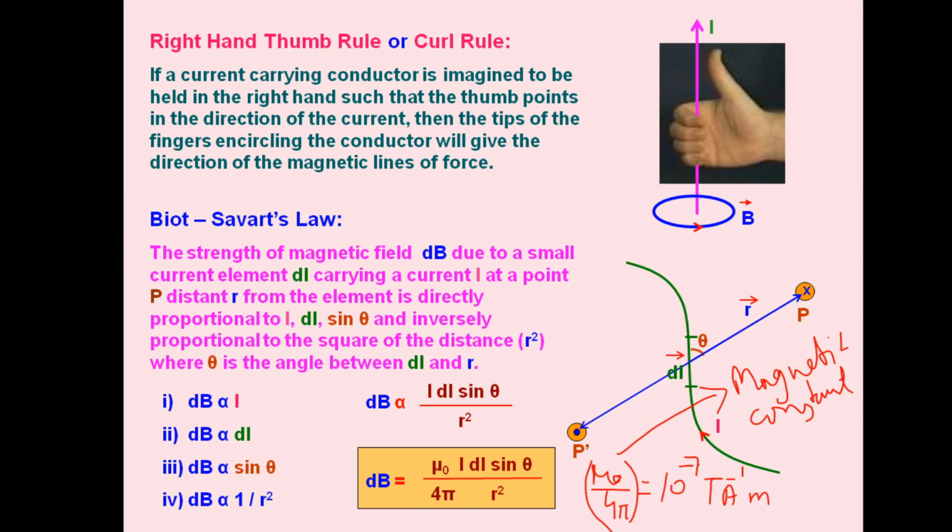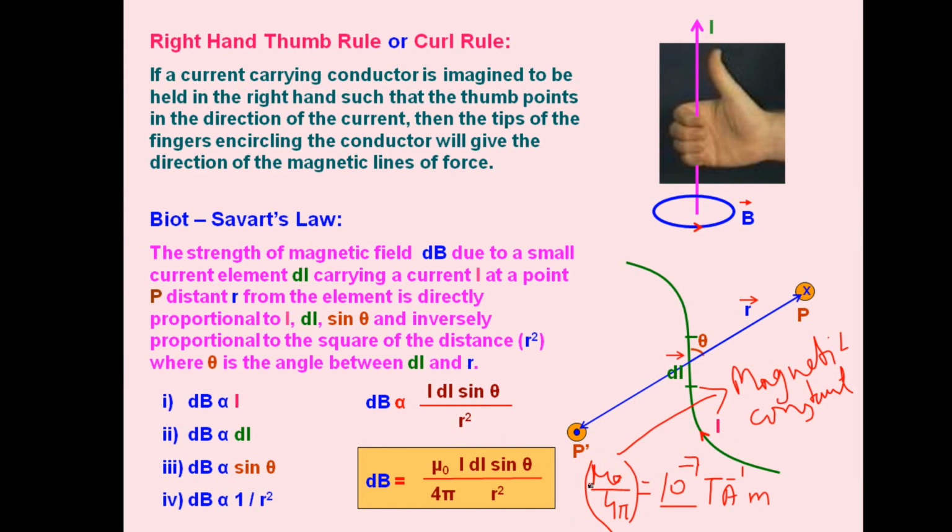So in magnetism we have magnetic constant. The term mu naught is known as permeability of free space, which means the permission obtained by magnetic field from the space, free space or vacuum, or we can say air, and this entire expression is called magnetic constant, whose value is 10 to the power minus 7.